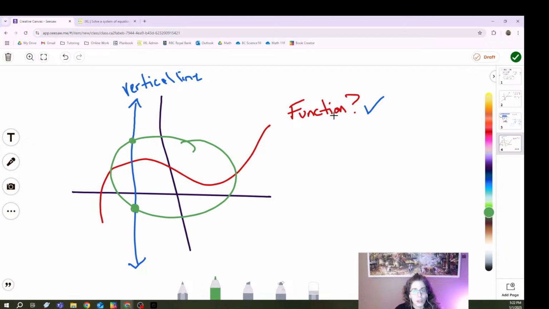Okay, so you've got an adjacent side, you've got an opposite side. Which function should we be using for trig? And TOA is for, how do you write it out?